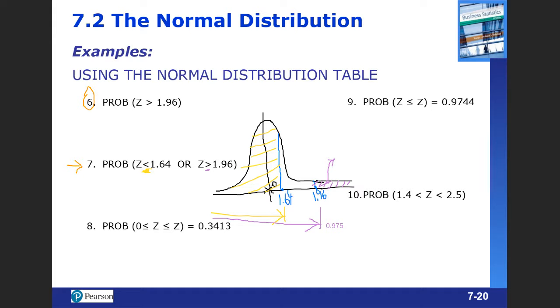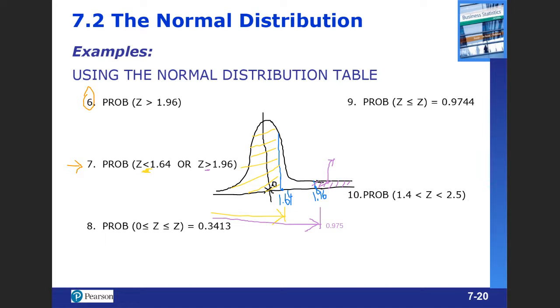I would have to do 1, which is the area under the curve, minus the 0.975, and that will give me 0.025.